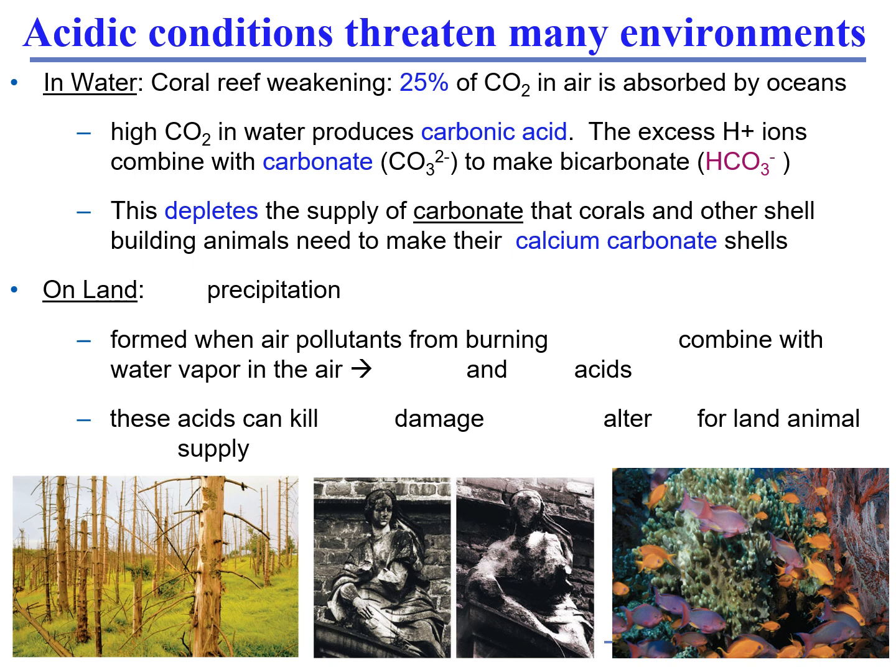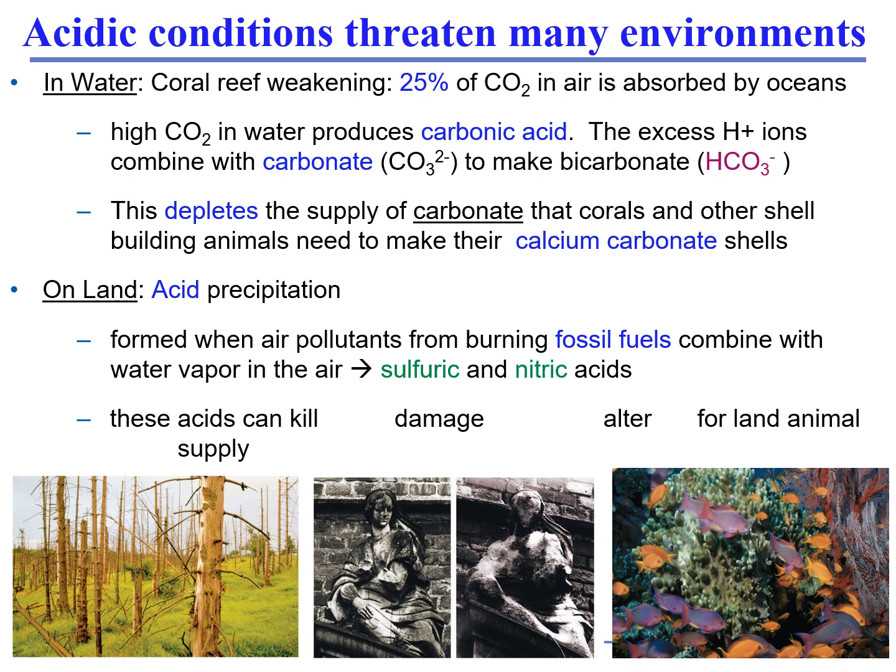On land, acid precipitation is a problem. It is formed when air pollutants from burning fossil fuels combine with water vapor in the air, and sulfuric and nitric acids are formed.